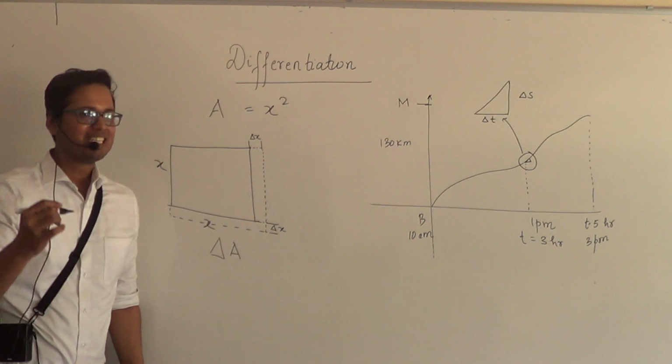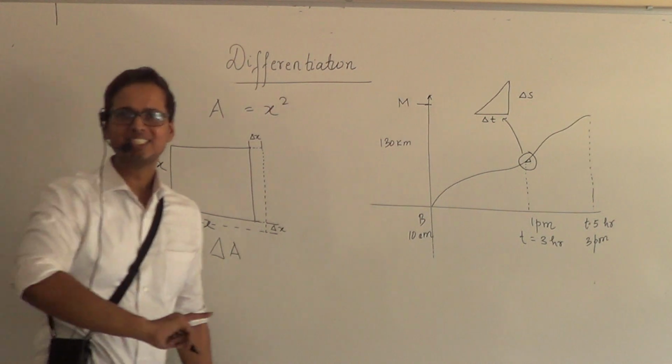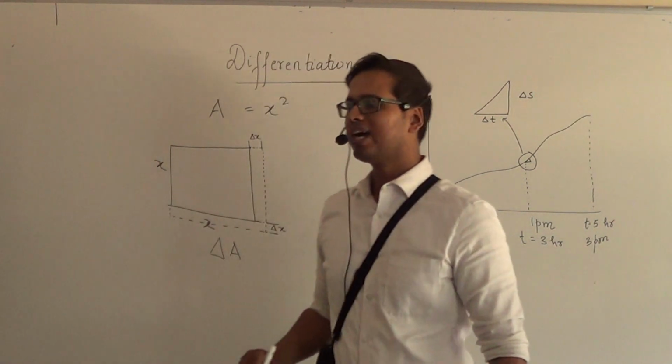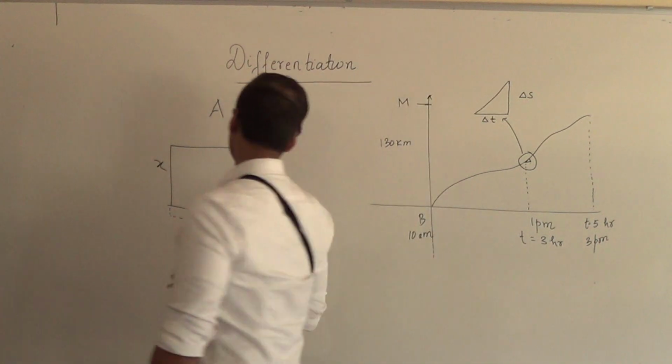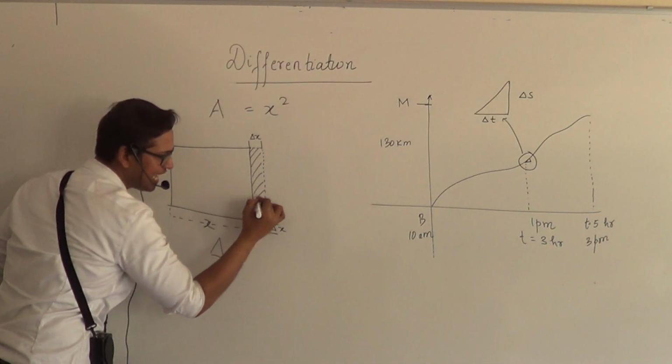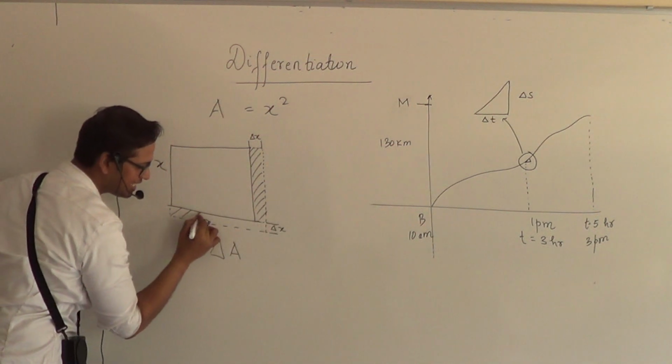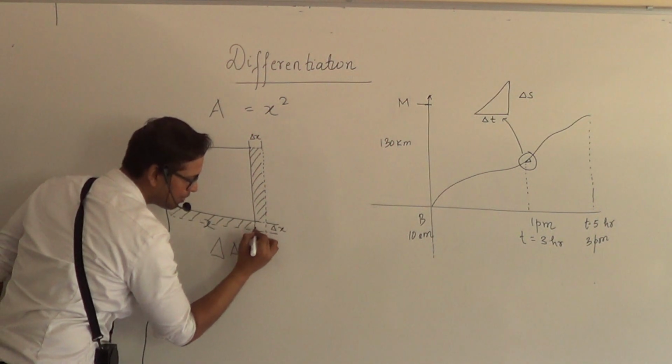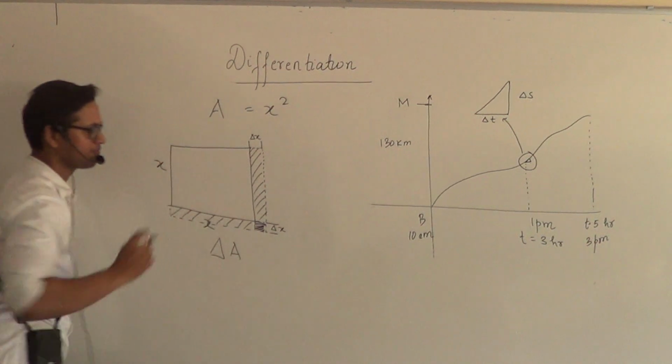My common sense says the area of the square has changed by this rectangle area plus this rectangle area plus this square area.